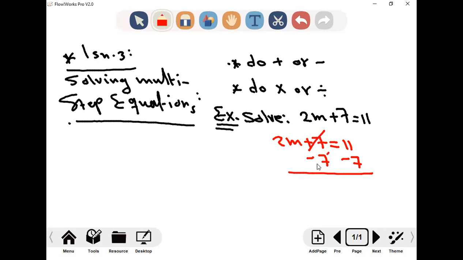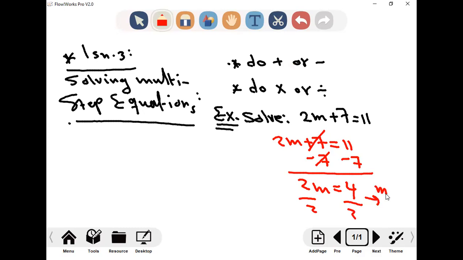Now this plus 7 with negative 7 are done. Still, 2n equals 11 minus 7, which is 4. For the second step, do multiply or divide. Here I have multiply, so I need to divide to get rid of the 2. I will divide both sides by 2.